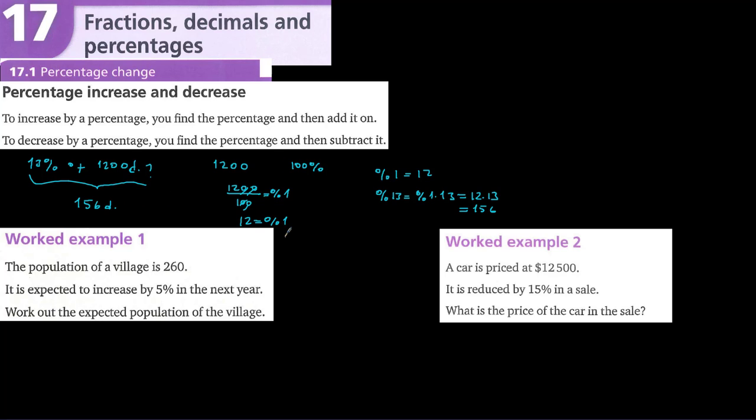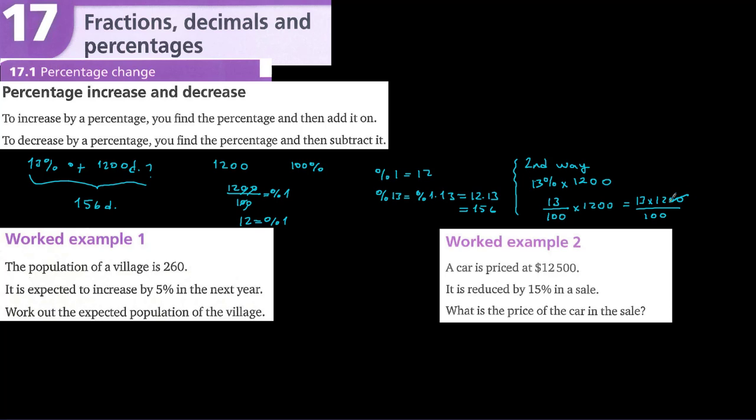If you want to find this more easily, this is the second way to find 13% of 1200. It is 13% times 1200, which means 13 over 100 times 1200, which is equal to 13 times 1200 divided by 100.